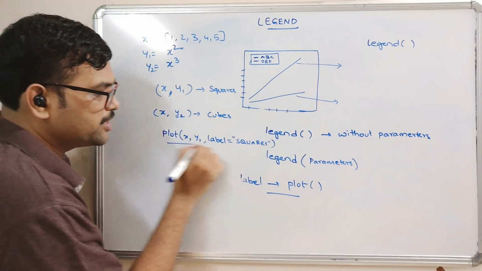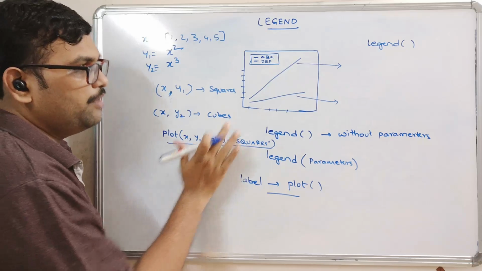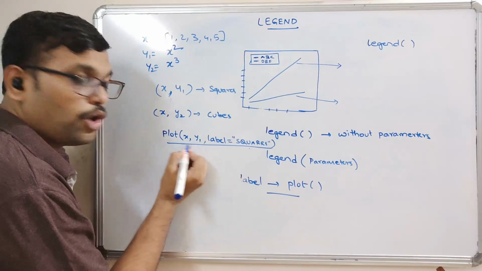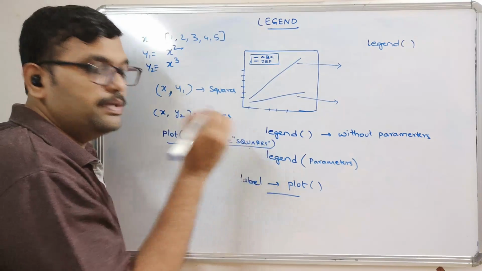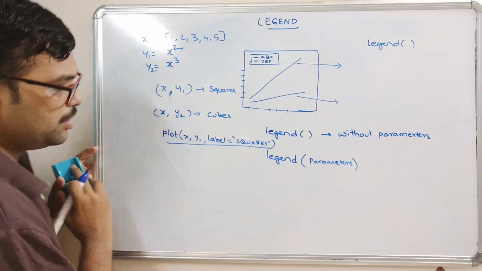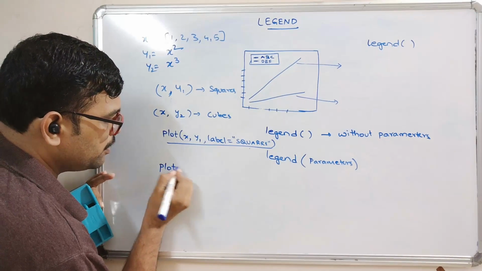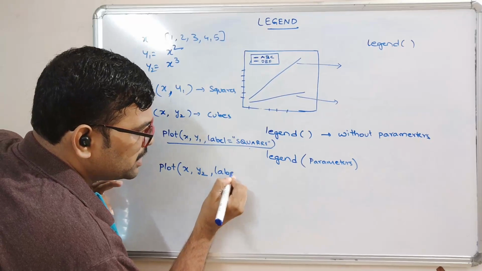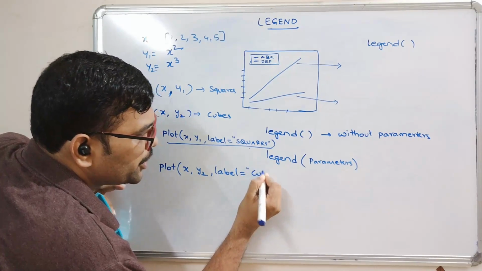Automatically when you execute this, the label will be given for the squares. That means whatever color is given for this plot, for that color the label will be squares. Similarly, for another plot, x comma y2, you can use label is equal to cubes.